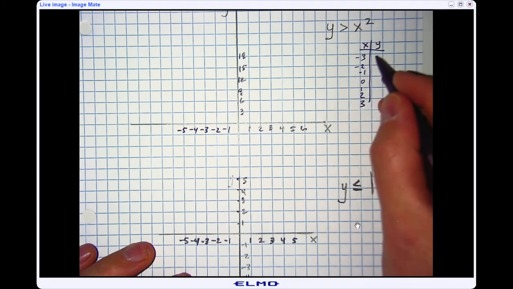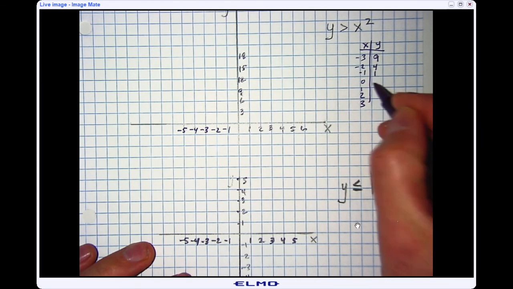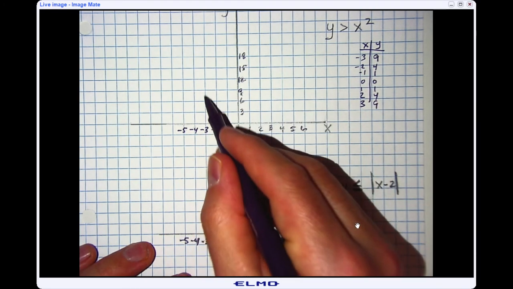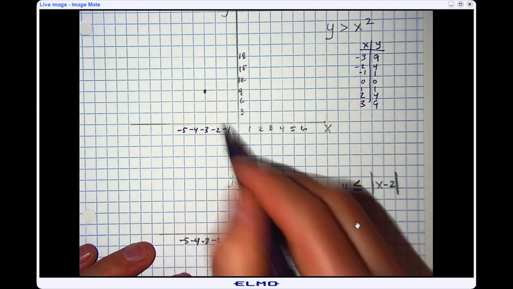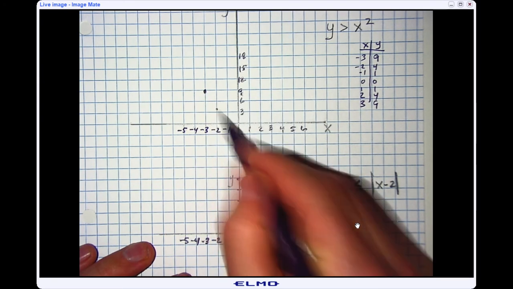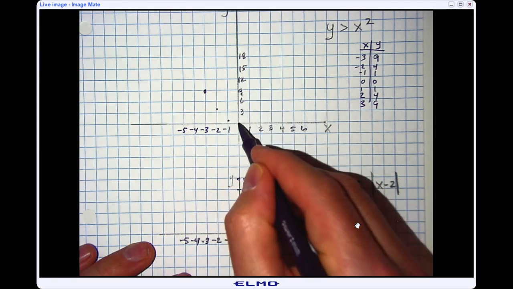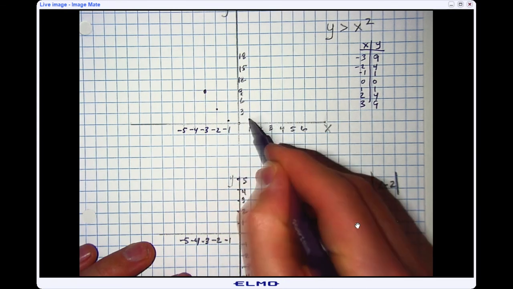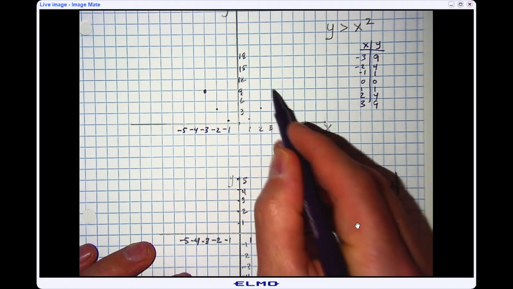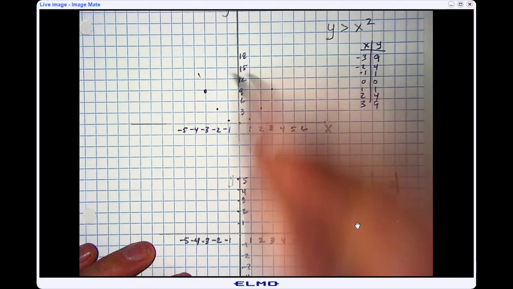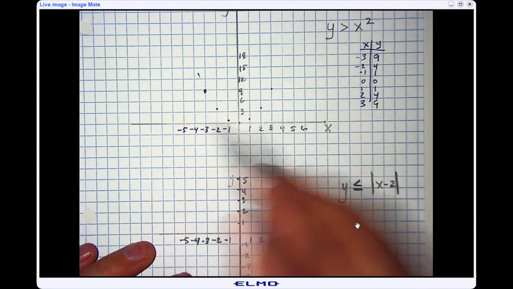So -3 squared is 9, -2 squared is 4, etc. So then when I graph this, -3, 9, -2, 4, -1, 1, 0, 0, and then with symmetry, this will repeat itself going this way. And you can see how I'll have a parabola here that's forming.